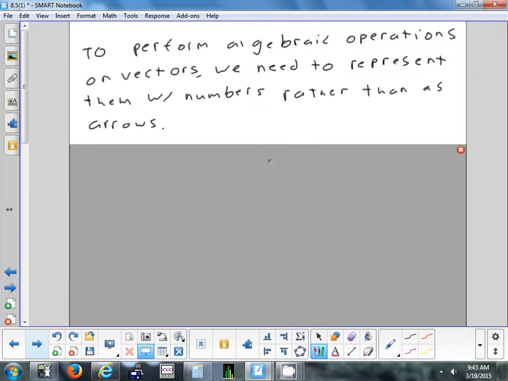Right, so to perform any kind of algebraic operations on vectors, we've got to start getting away from the visual drawing of arrows. If all I need to do is add 2 vectors, it's not very convenient to have to use graph paper and connect them, right? For several reasons. One, let's say you had vectors that were huge.